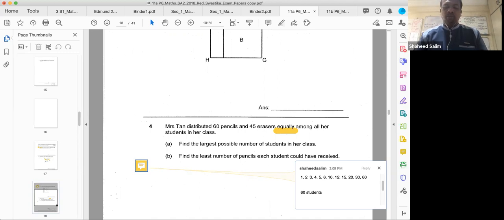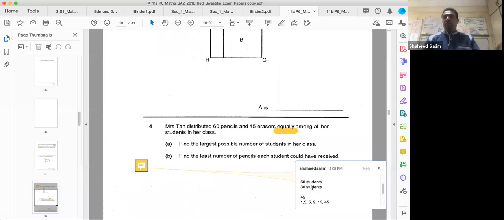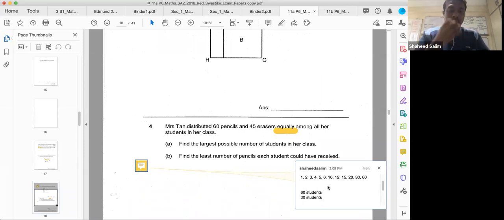Each student gets 2, so there are 30 students. Is it possible? Yes, it can be 30 students because each one gets 2 pencils. But down here, 45 divided by 1 you get 45, 45 divided by 3 is 15. You don't have 30, so it's out. Then you try the next one until you get the biggest number and see whether on the other side you can get the same number also. Oh my goodness, I think I'm losing you guys.